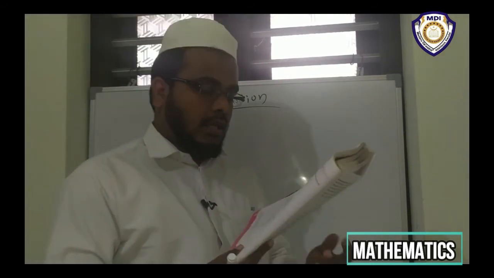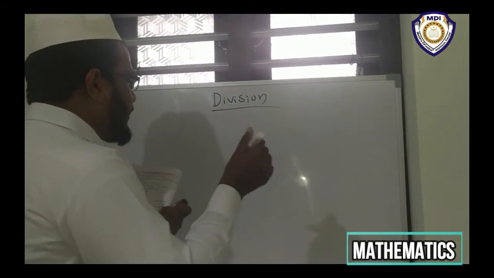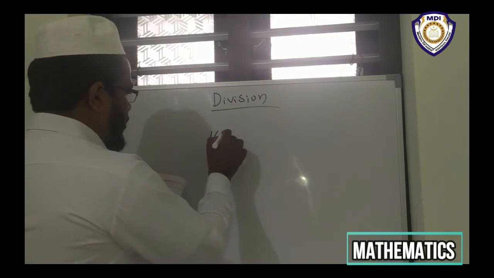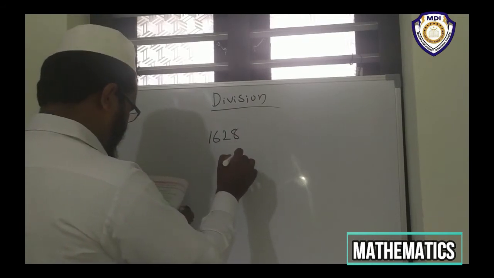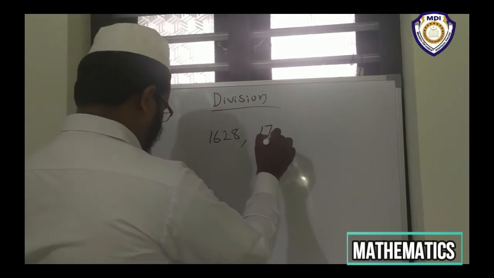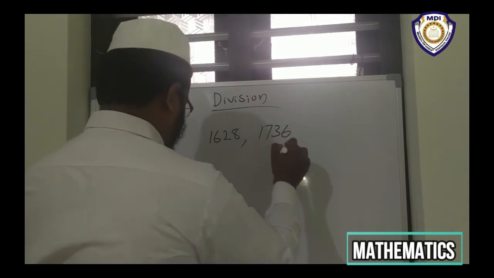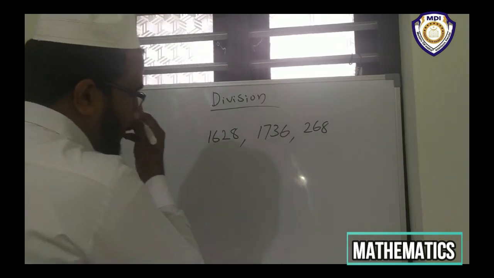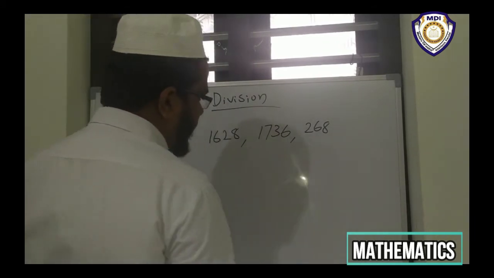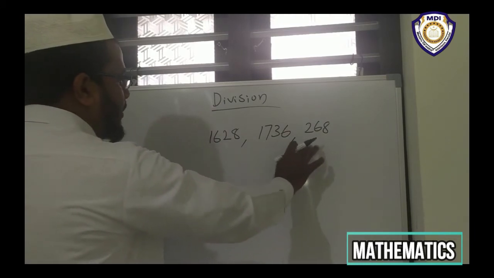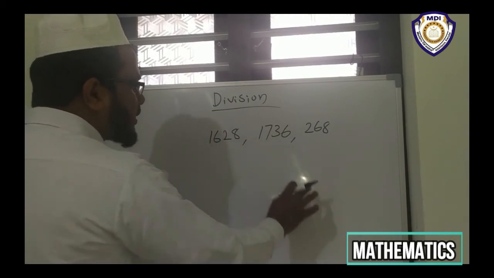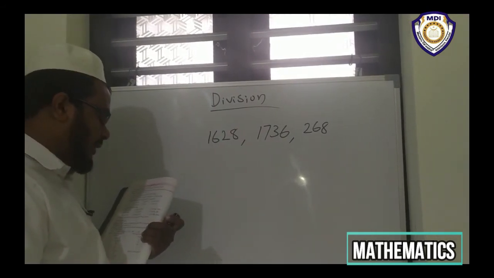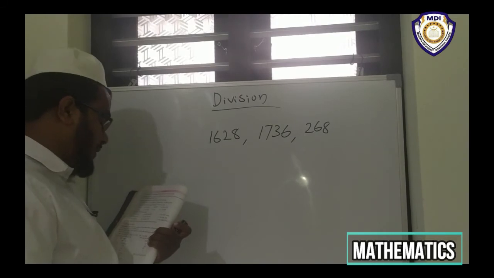I will write down the question: 1628, 1736, 268. Three numbers are there. Like we did at first, we selected 3 numbers to find the HCF by the division method. Here is the application of HCF.